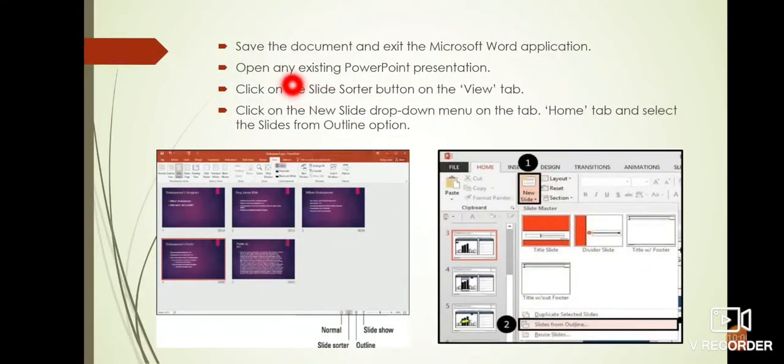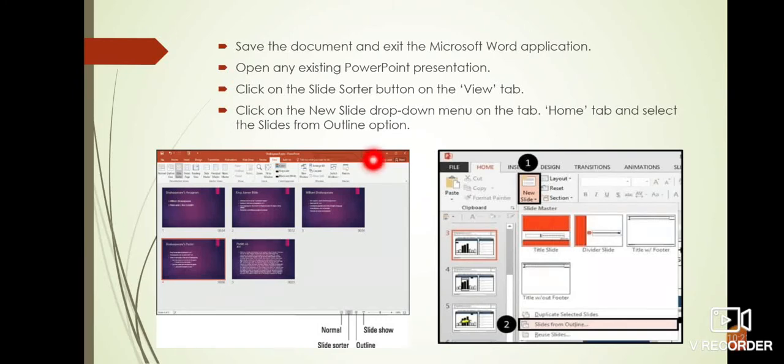Save the document and exit the Microsoft Word application. Once the headings are applied to all the topics, simply save it and come out of Microsoft Word. You have to open an existing PowerPoint presentation where you want to import all these headings, right?